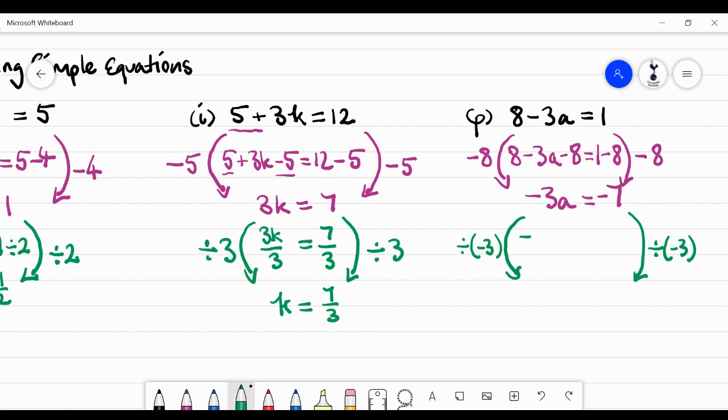We're left with minus 3a over minus 3 equals minus 7 over minus 3. Minus 3a divided by minus 3 is just a, which is equal to minus 7 divided by minus 3, which is 7 over 3. A negative number divided by a negative number is a positive number.